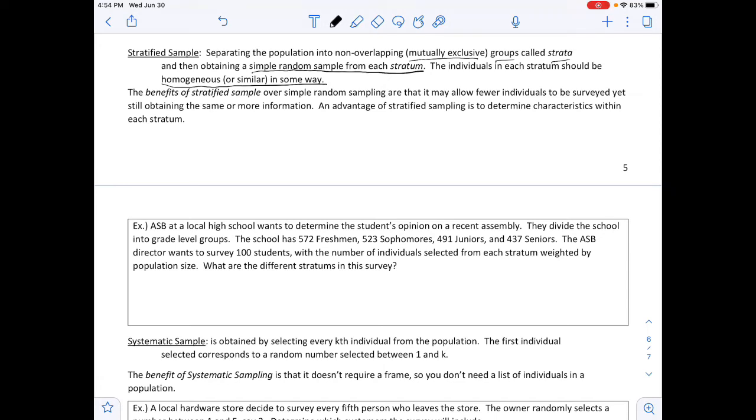What are the different stratums in this survey? So again, those stratums are going to be how individuals are going to be placed, and they have to be similar in some type of way. And so for us, it's going to be by grade level. So it's freshmen, sophomores, juniors, and seniors. So again, by grade level.